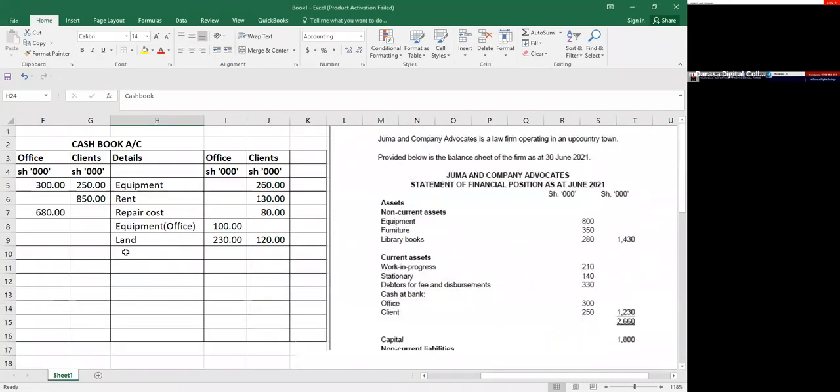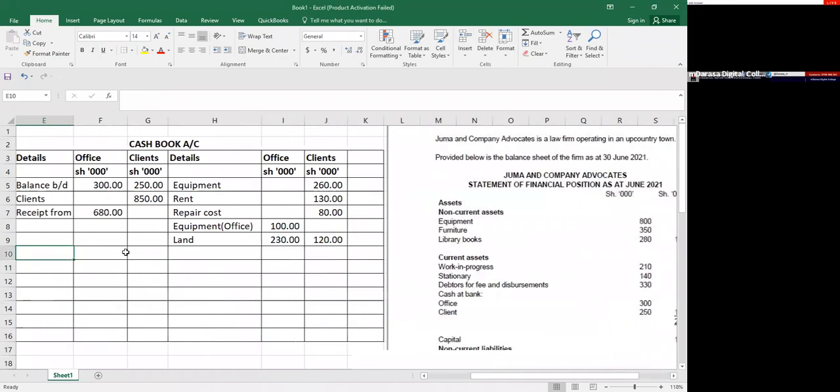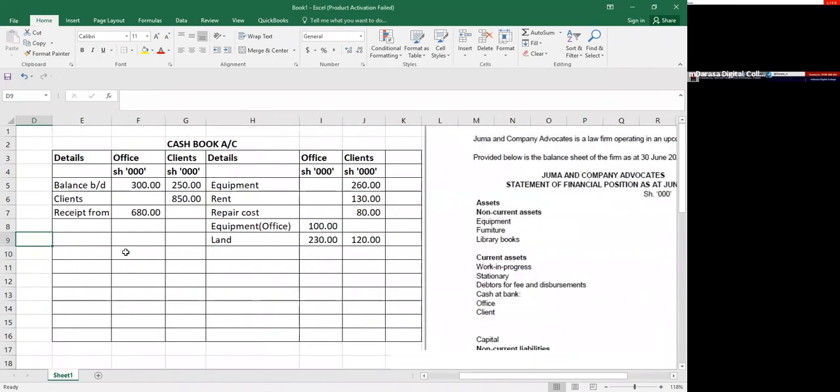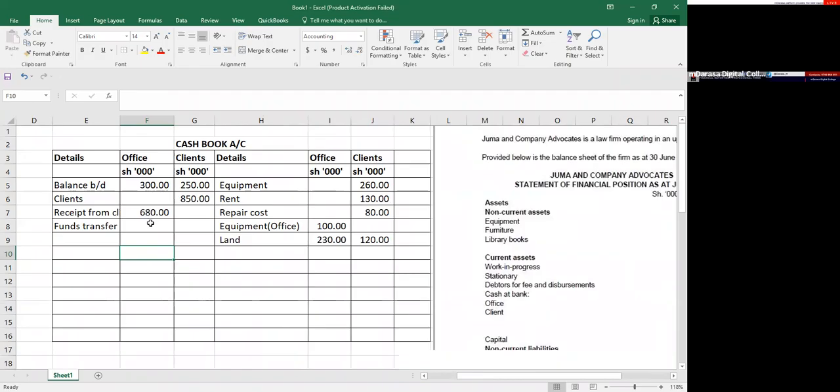So we are on the cash book. Authority has been given to transfer that amount, right? So see, I'm having funds transfer. We are transferring from client to office. So we debit our office 240. We credit cash book account, client's column, with contra.